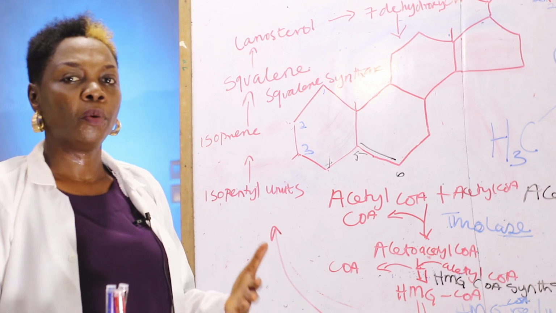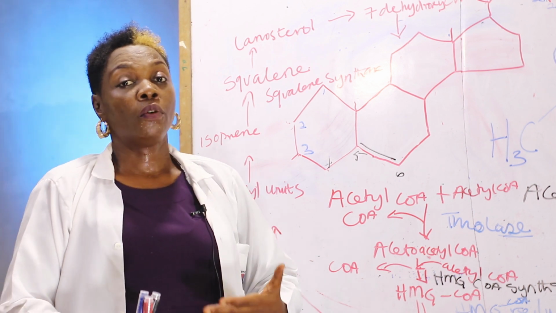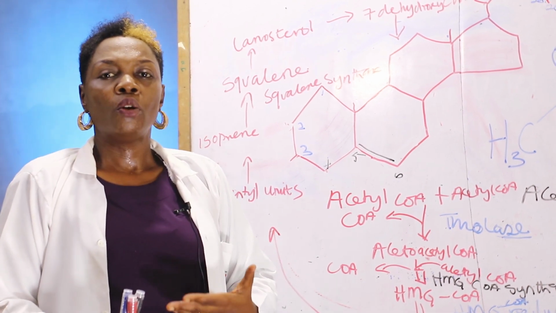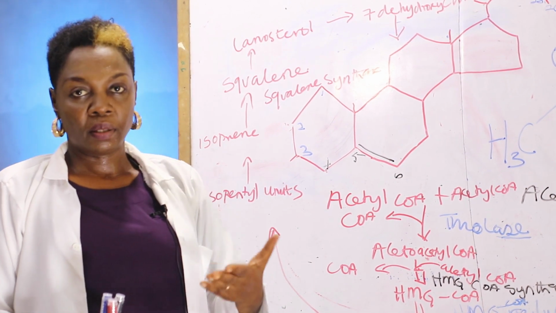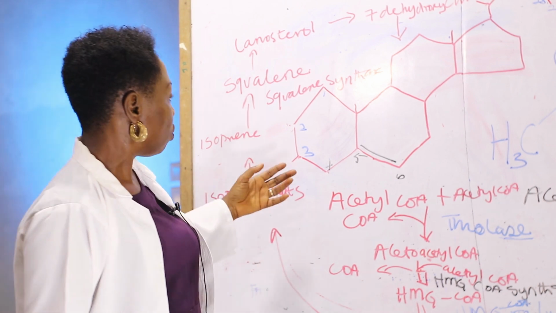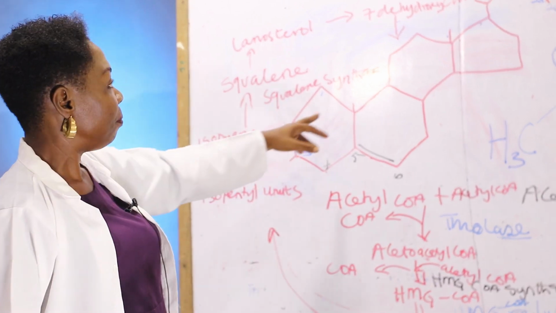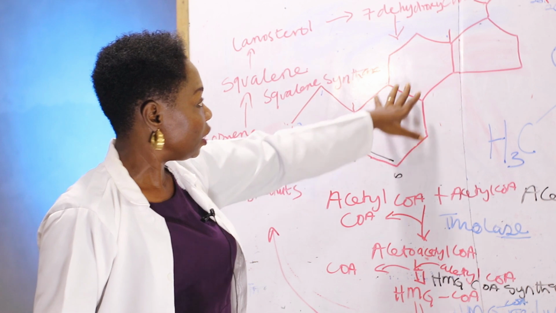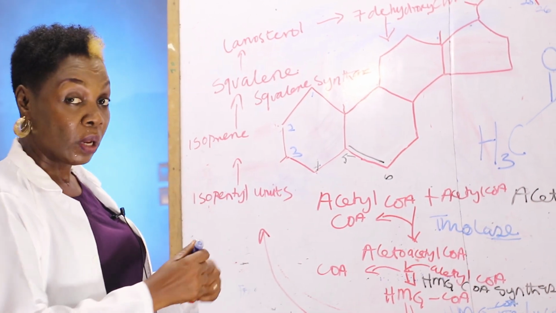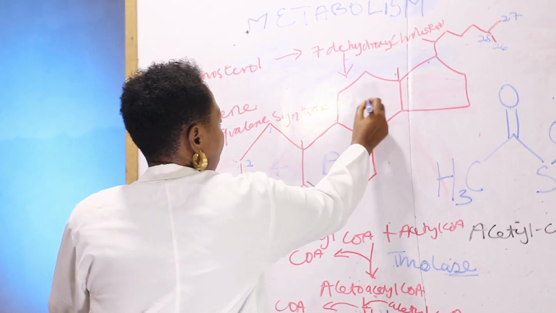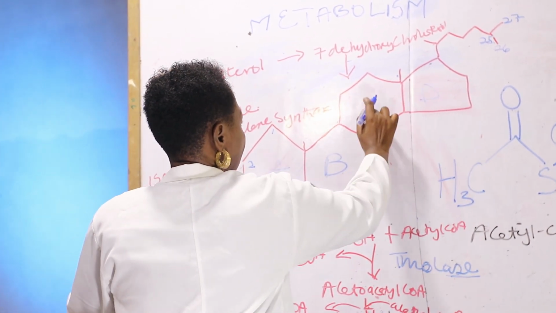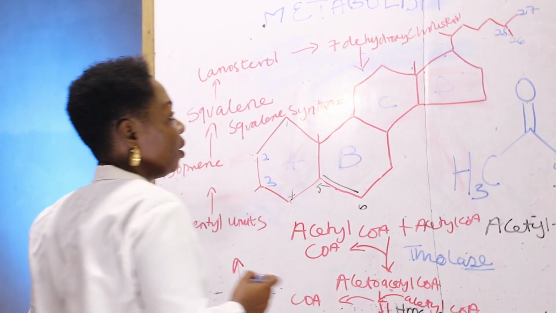And it's also responsible for ensuring that the levels of cholesterol are not over-elevated within the cells. Now, cholesterol, having been formed at this point, remember that cholesterol has 4 rings. You have the A ring, the B, the C, and the D ring.